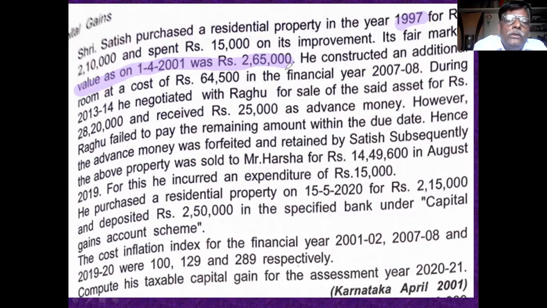Clear? Then he constructed an additional room at a cost of rupees 64,500. This is called the cost of improvement in the year 2007-8: 64,500 into present index divided by index of 2007-8.